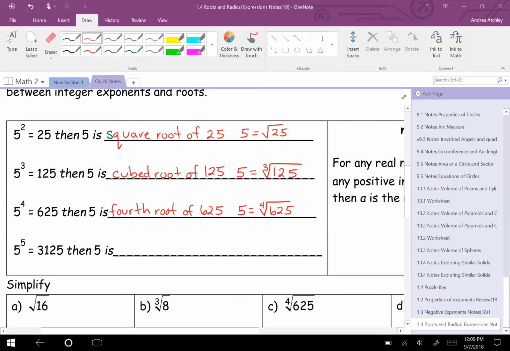Okay, so again, when you have that 4th root, what times itself 4 times gives me 625? And that's 5 to the 4th. So 5 is the 4th root.